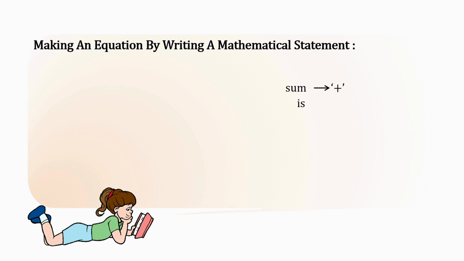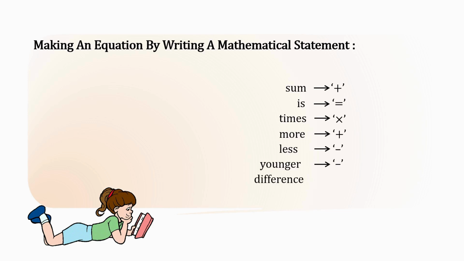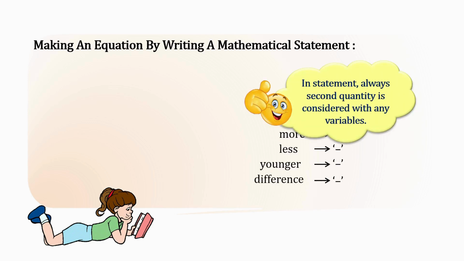Like sum denotes plus, is denotes equal to, times denotes multiplication, more denotes plus, less denotes minus, younger means minus, difference means minus. So in a statement, always the second quantity is considered with any variables.